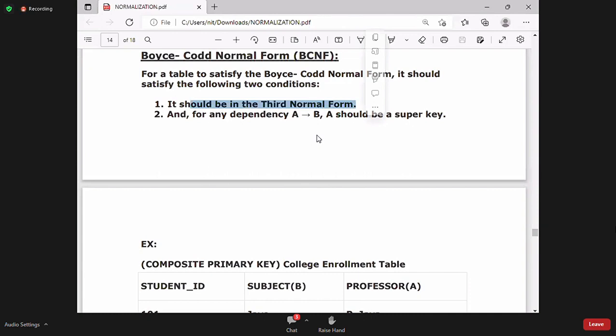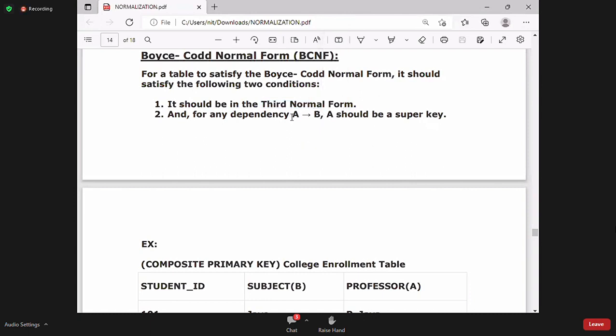Second, some new rule: for any dependency, if A depends on B, then A should be a super key. Your new concept has come. What is the new concept? The super key concept. So the first thing is that your table should not have transitive dependency columns, which means your table should be in third normal form.